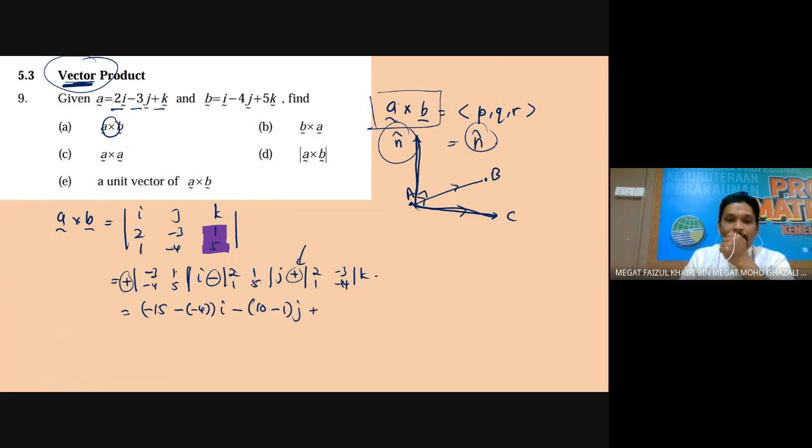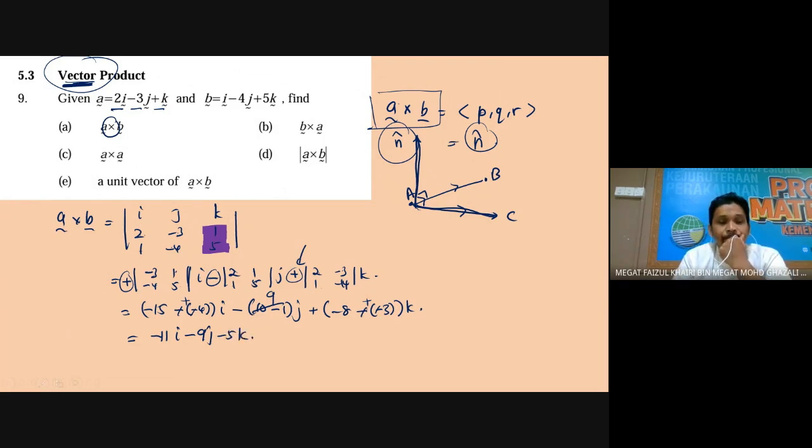Plus k, 2 times negative 4 equal to negative 8 minus negative 3 times 1, negative 3k. So negative times negative, positive: negative 15 plus 4 equal to negative 11i. 10 minus 1 equal to 9, minus 9j. Negative times negative, positive: negative 8 plus 3, negative 5k.